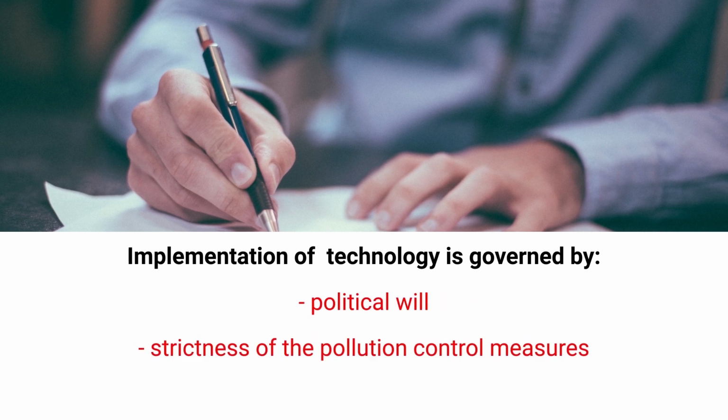Also, political will, because it is very important, the state in which you are going to set up a new technological development plant, whether there is political will or not. Then also, pollution control measures have to be taken into consideration. It should not be an eco-sensitive place where the harmful effects of technology are likely to harm the environment.